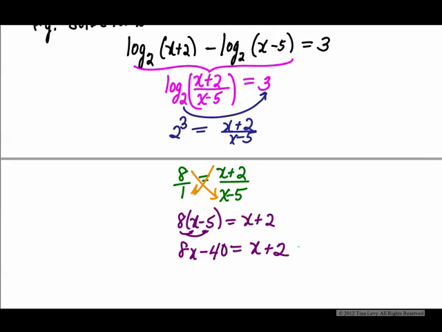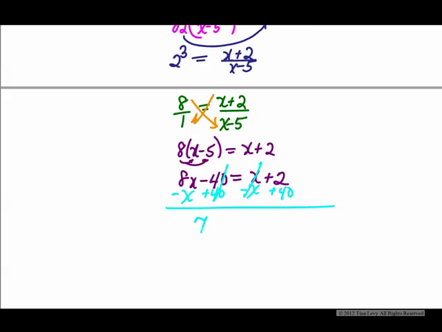In one step, I will subtract the x to get it on the left, and I'll add the 40 to get the number on the right. That gives us 7x equals 2 and 40 is 42. Dividing both sides by the 7, we get that x is 6.